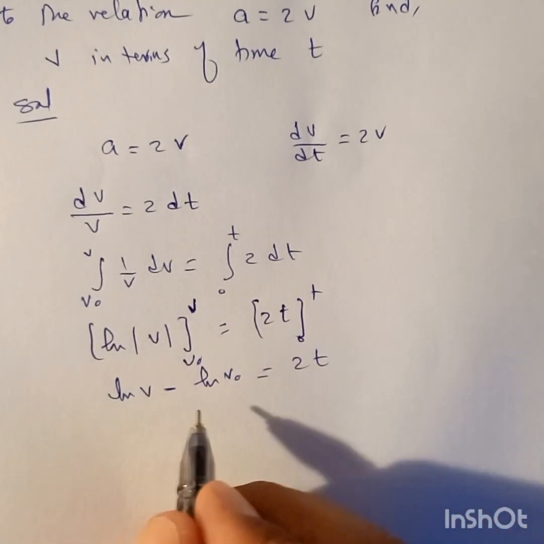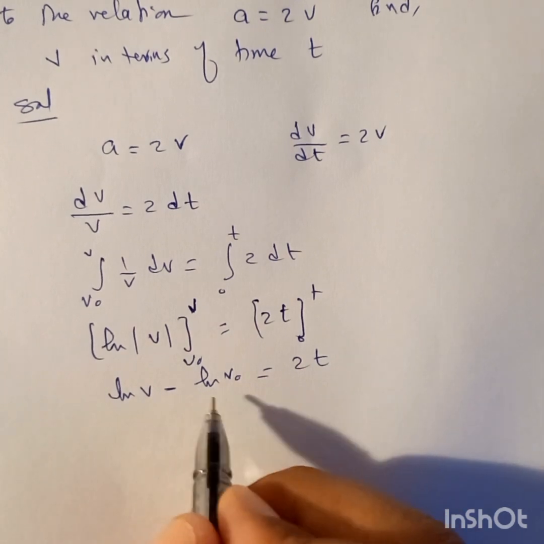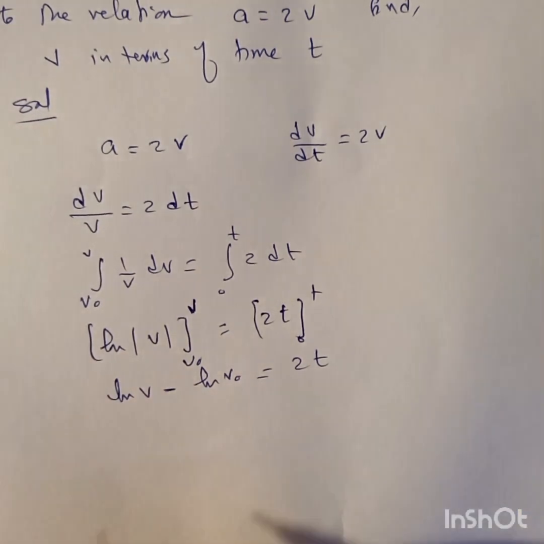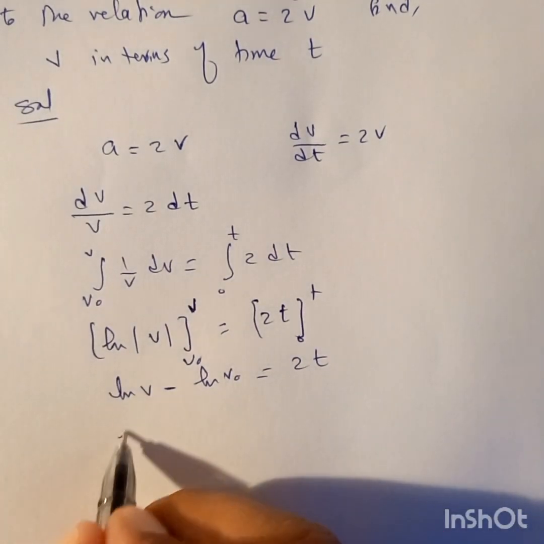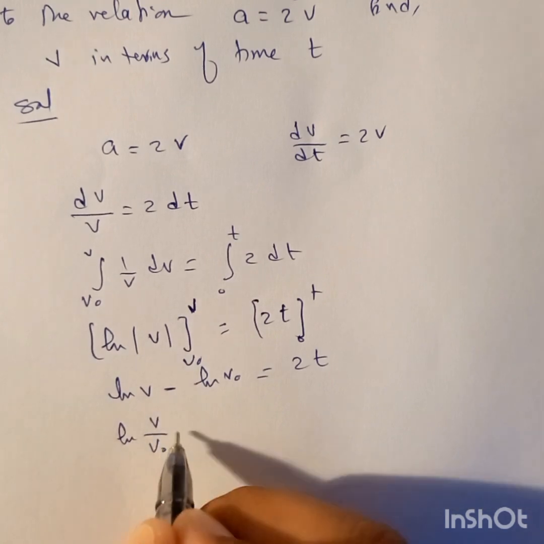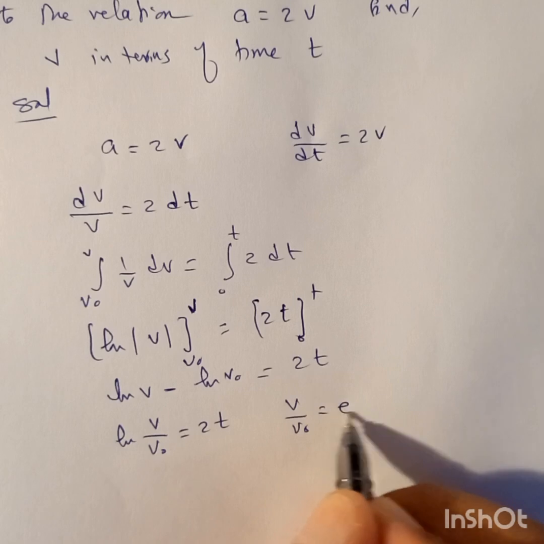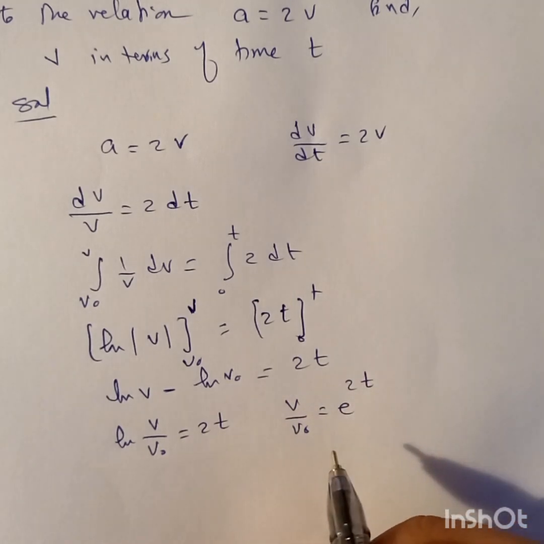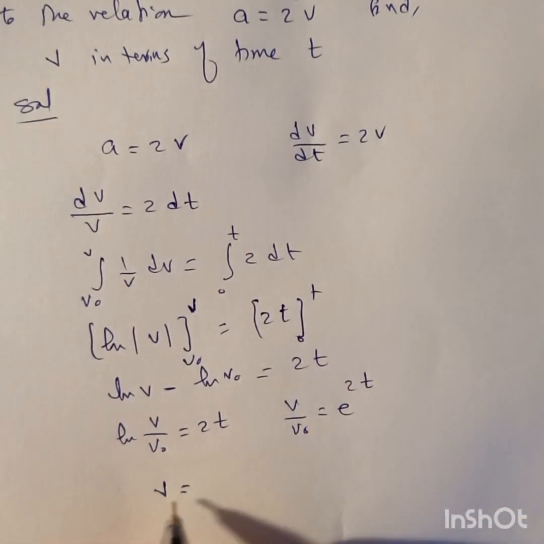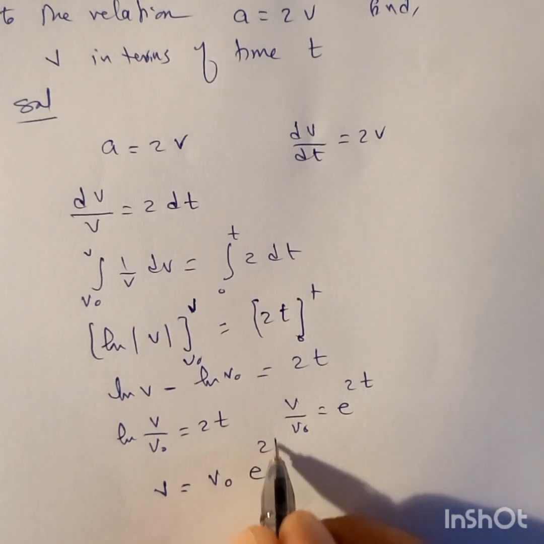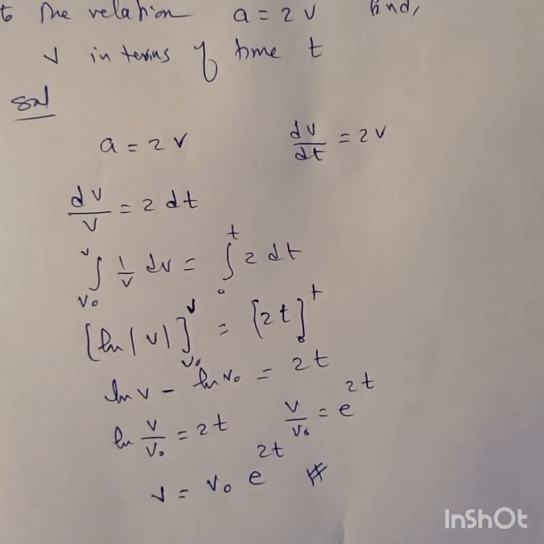By applying the properties of ln, here we have ln v over v naught equals 2t. Then we have v over v naught equals e to power 2t. Then velocity equals v naught e to the power 2t, and this is required to find.